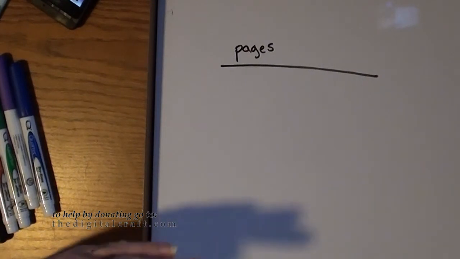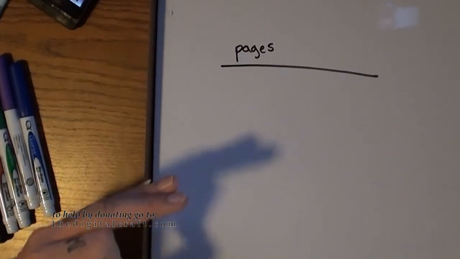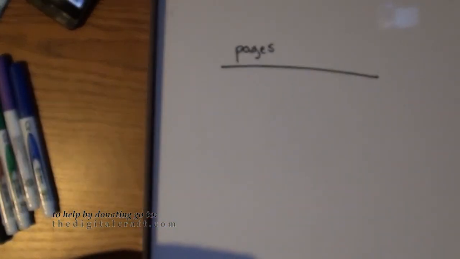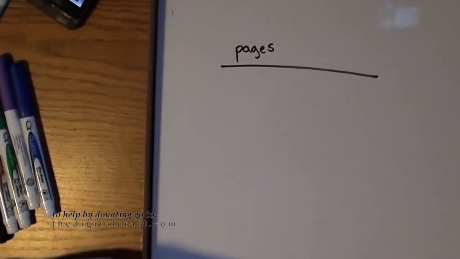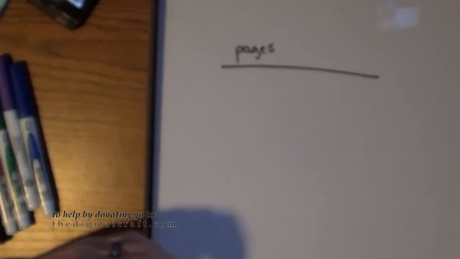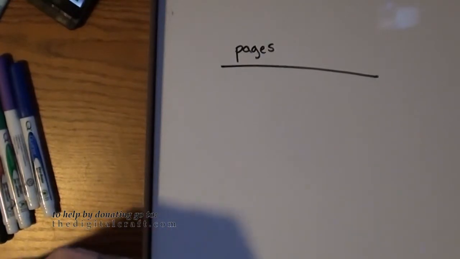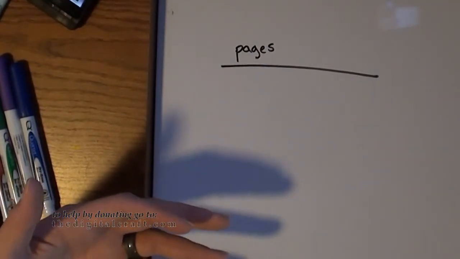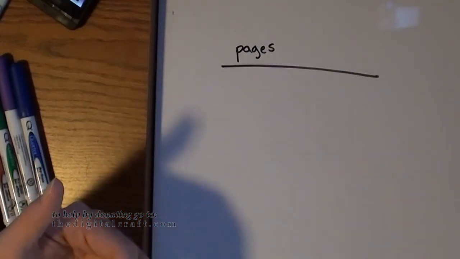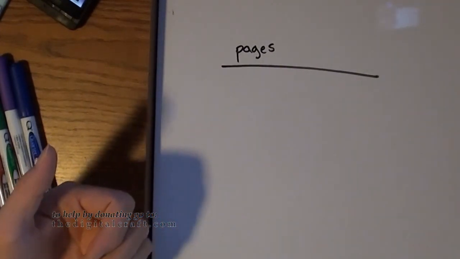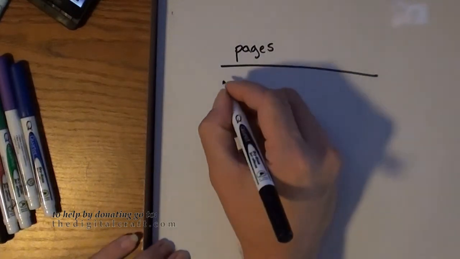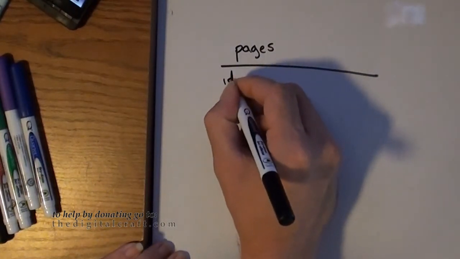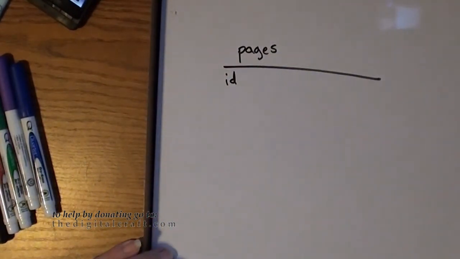So we eliminate the content folder, and now we start accessing a database to pull that information, all that HTML, and so on and so forth. So first thing we need, if you haven't noticed, and I haven't brought it up enough, is an ID. We need a unique ID for each record. So we need an ID field.